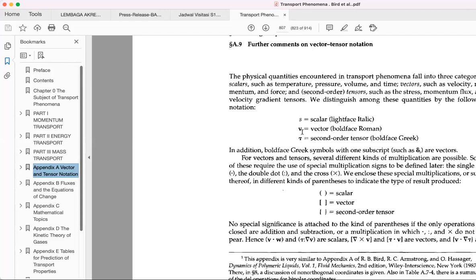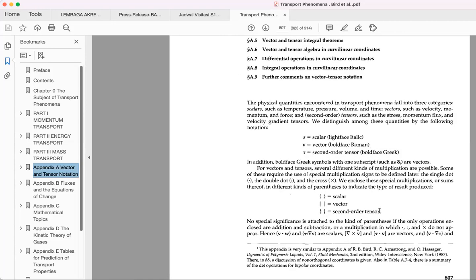And then we also know there is a vector, for example velocity, acceleration, or a force. And then there's also tensor. So tensor is actually vector multiplied with vector, and the product is a second order tensor.